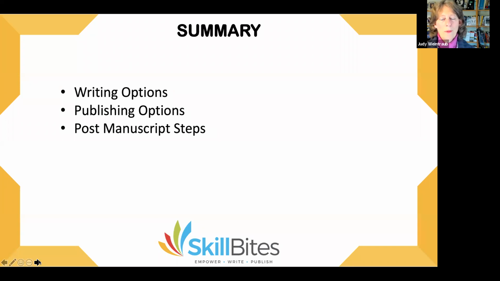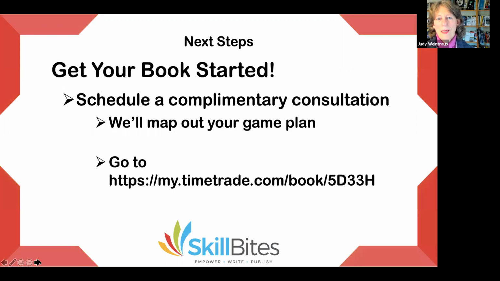And then we went through all of the various post-manuscript steps that you need to do. So that's a lot of information. It can be overwhelming, especially when you try to think about implementing it.